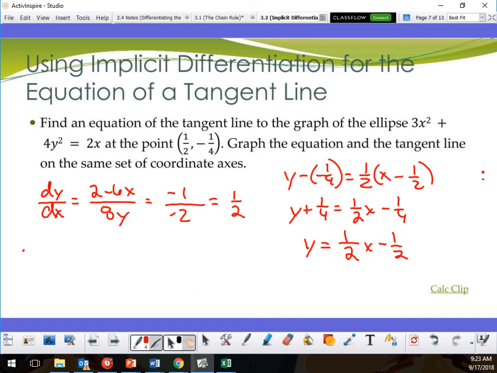Okay, so let me see. I'm going to bring up the graph of it right here.